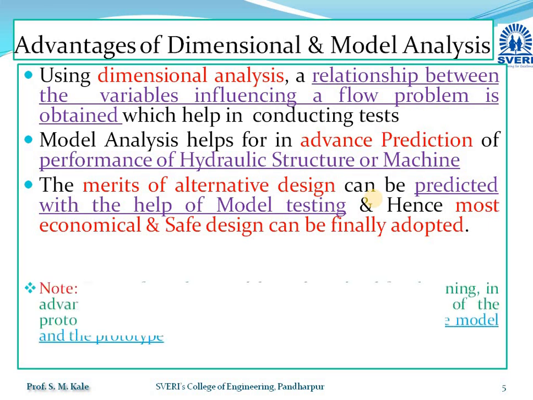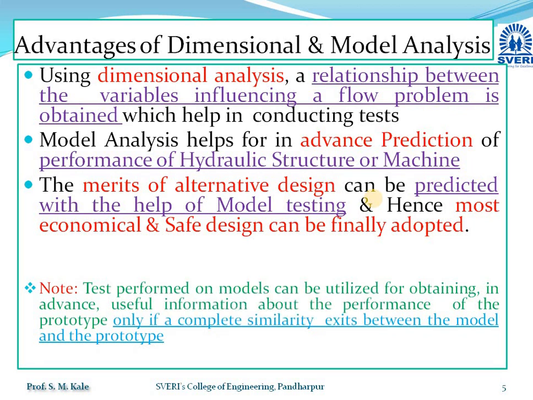But the main point is that, whatever prediction we are going to make after model and dimensional analysis, whatever test we are performing on the model for obtaining useful information, or the various parameters or performance in advance, will be correct only if there is a complete similarity between the model and prototype.